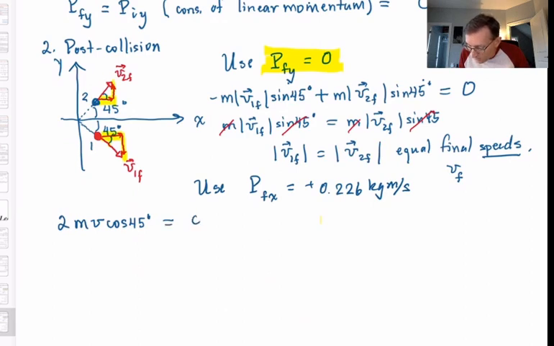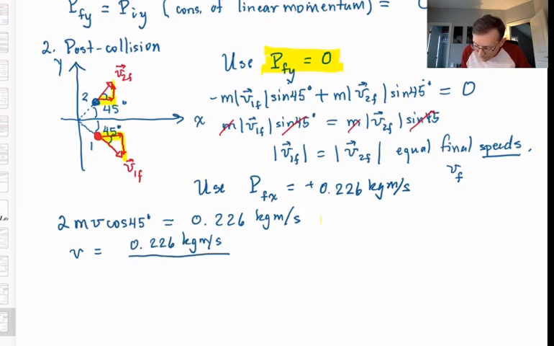So that must equal 0.226 kilogram meter per second. So let's just solve for v. 0.226 kilogram meter per second over m times cosine of 45 degrees. So 0.226 kilogram meter per second over m, whoops, I can't lose that 2, can I?